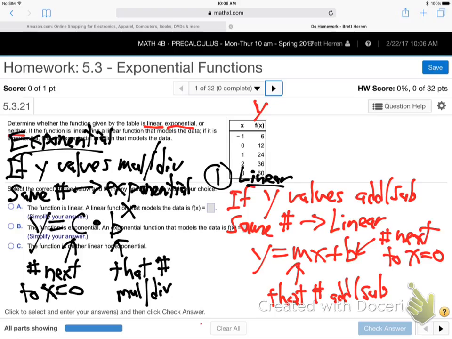So those are the rules. If you want to write down those two rules, and if it doesn't fit one of those, it's neither. So that's how you know. We'll do it on 4 examples in a row, and you'll get it real well, I think. It's not bad once you got that down.